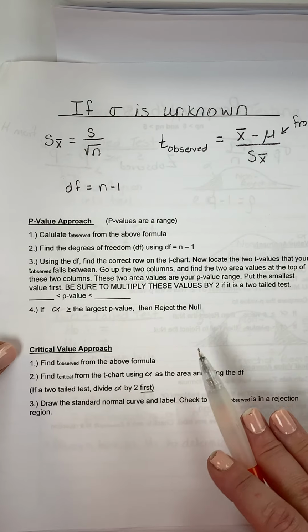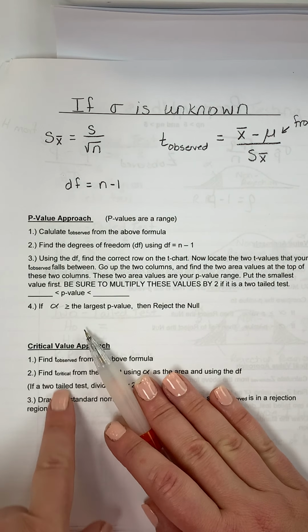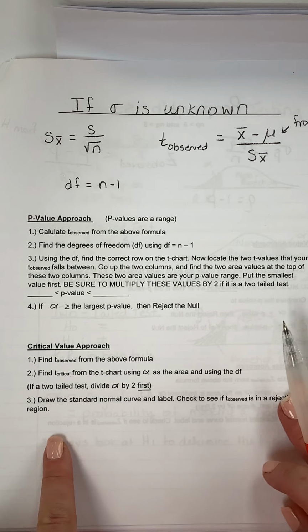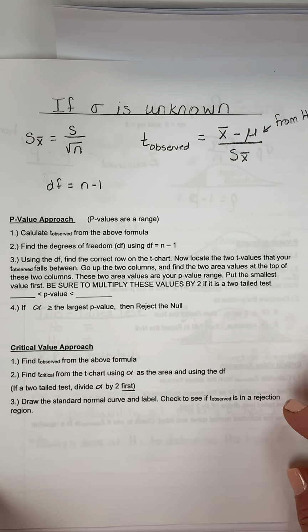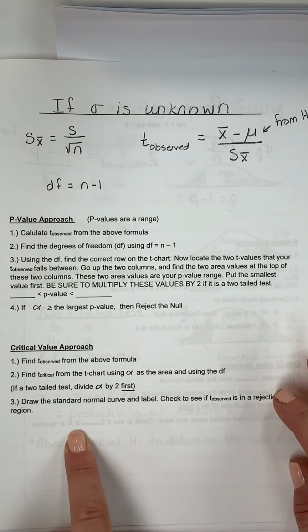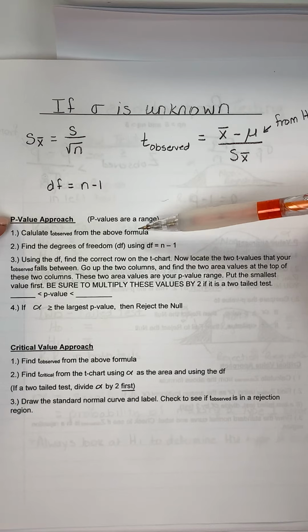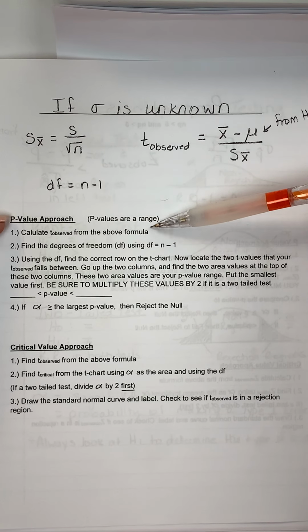Okay. Now, basically, the steps for the critical value approach are extremely similar. We are still following sort of the same idea, except that we're going to be using our t-chart. The p-value approach is when it gets different.